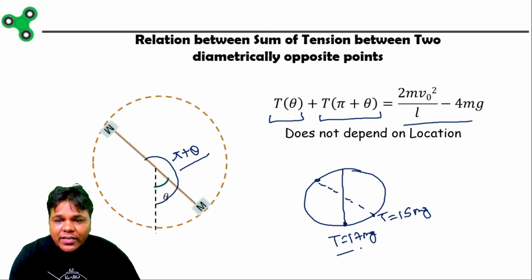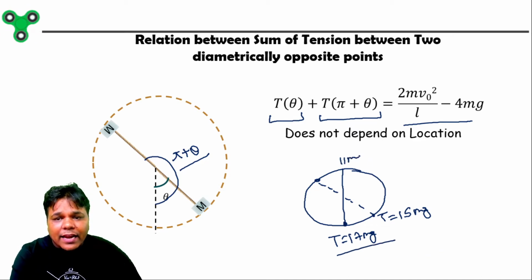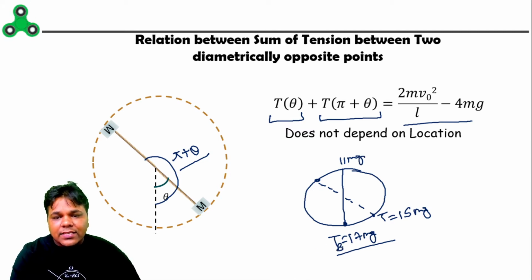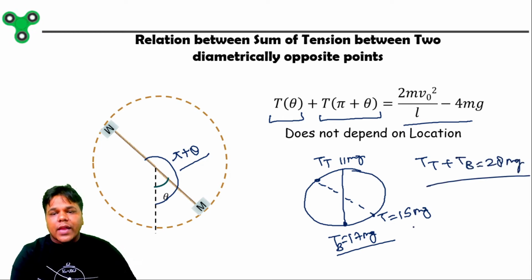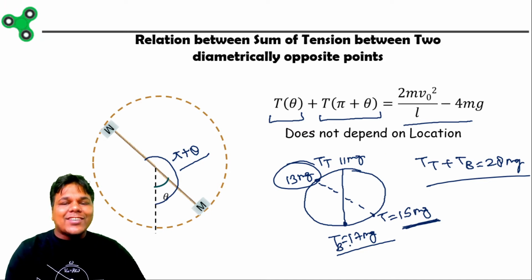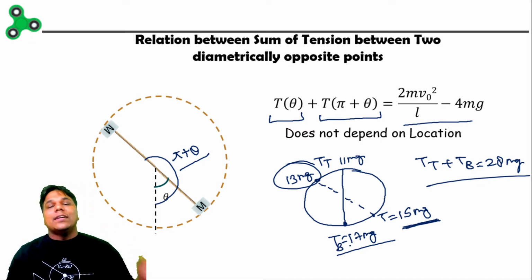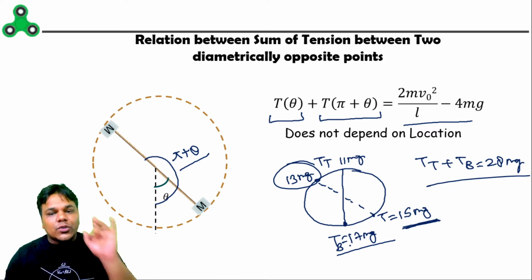If tension at the bottommost point is 17 mg, the tension at this point must be 11 mg. Let's say this is TB and this is TT. So TT plus TB is going to be 28 mg. Now at this point it is 15 mg, so at the opposite point it is 13 mg, because the sum of the tension at diametrically opposite points does not depend on theta. That's what we take from these two relations.